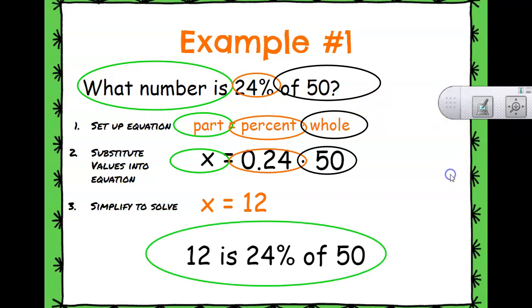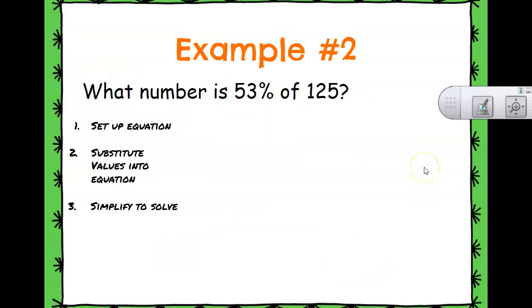All right, so let's go ahead and take a look at another example. So flip the page in your packet and let's take a look at example 2. The question is, what number is 53% of 125? So again, set up the equation, part equals percent times whole. Then you're going to start substituting, starting with the part.